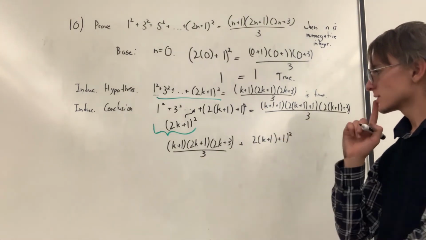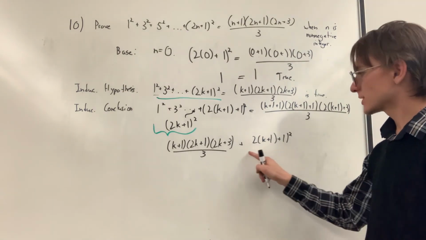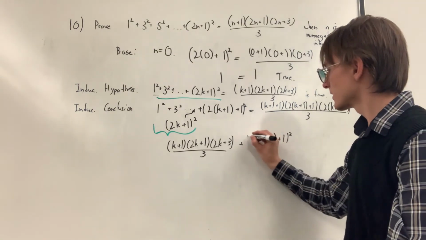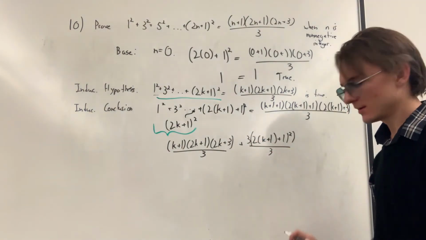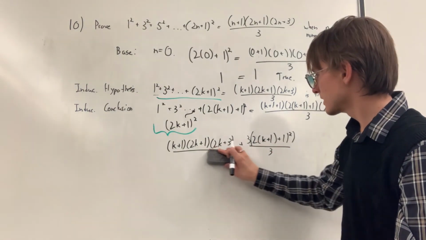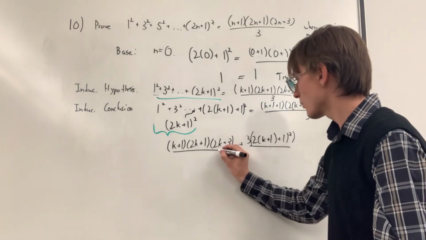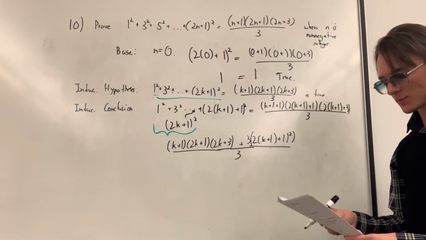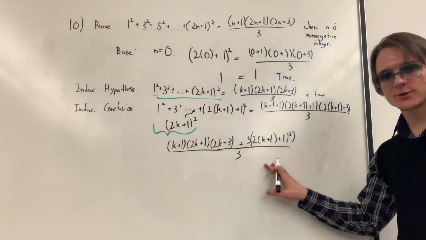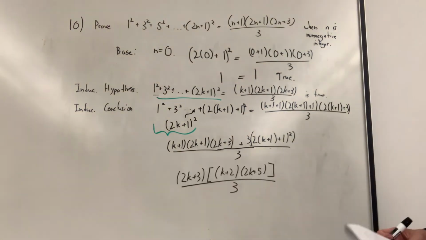All right, so let's do what we did before. Let's try to match the denominators. Multiply this by 3 and divide by 3. Then it's easy. We can just put it all under one common denominator. This is all divisible by 3. From here, let's do some algebra and simplify.